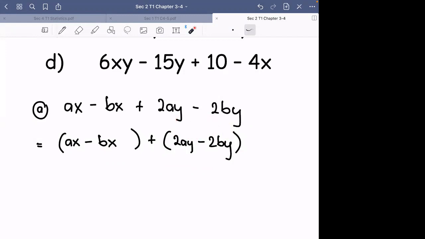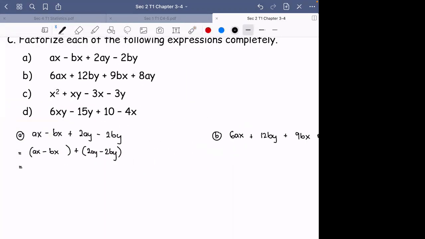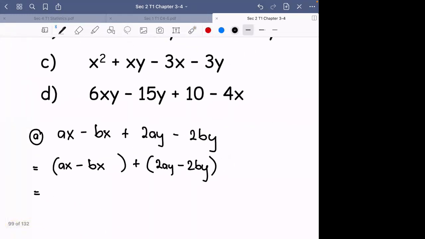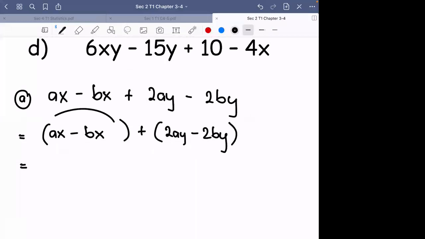And then the next step, just like what we did with the previous set of questions: look at those groups. Let's look at the first group. We look for the common factor. What's common in the first group? Both of them have x, right?